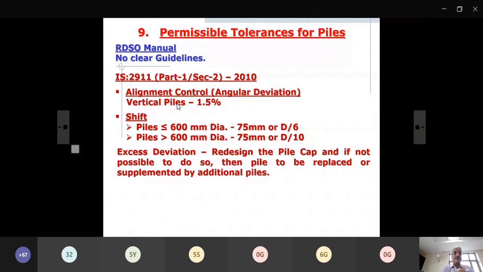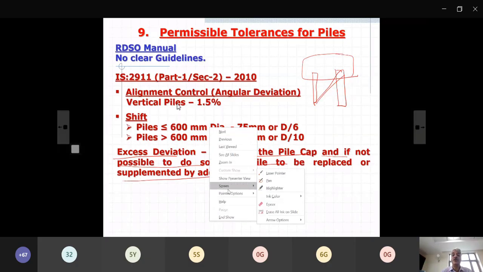And then what it says is, if there is an excess deviation, let us say your pile has shifted more than this, or maybe it has tilted more than this, then number one, you redesign the pile cap, and if it is not possible to do so, then the pile should be replaced or supplemented by an additional pile. Let's say put another pile or replace this; don't take that pile into account.